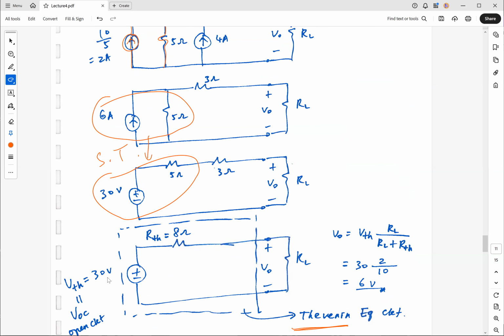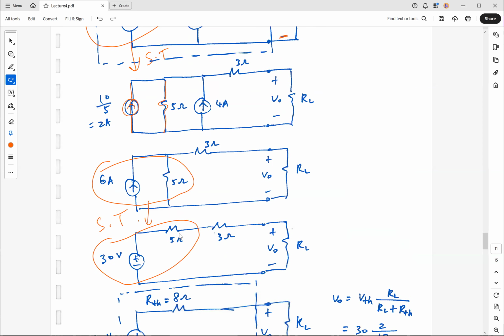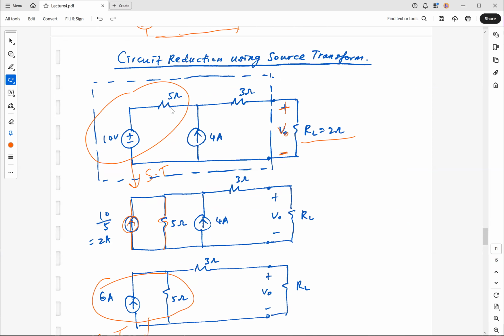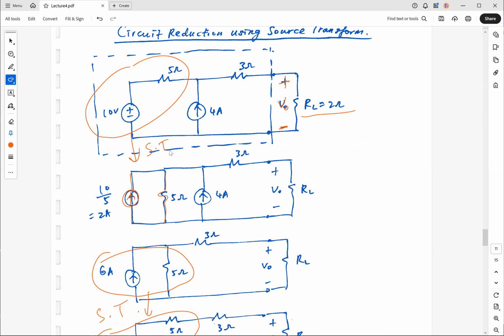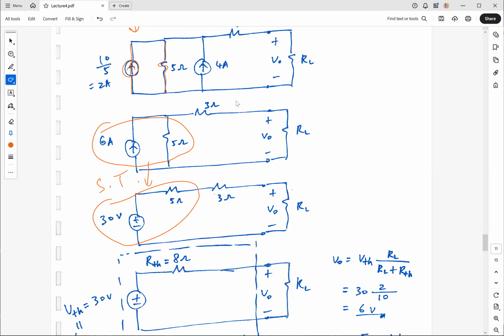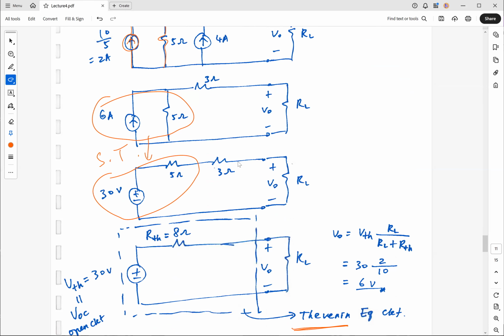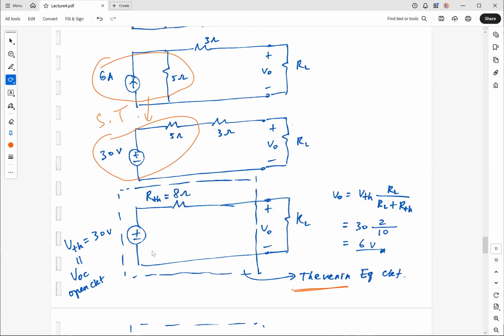So now this is 30 volts, this is 8 ohm. Before I have 10, 4, and 5, and 3, okay? They're not the same, right? But the idea is I use source transformation, and then I eventually arrive at this simple configuration consisting of only 2 components, okay? And this is the so-called Thevenin equivalent circuit, okay?